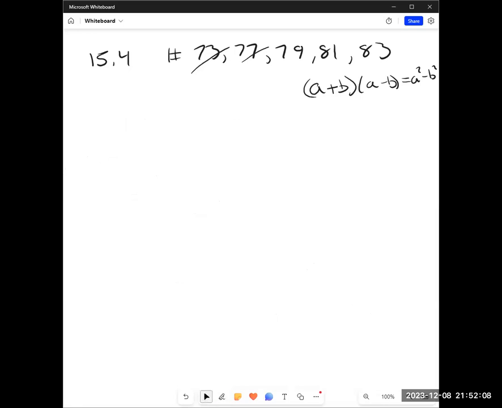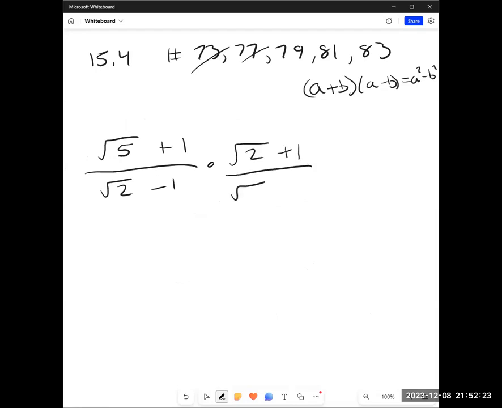All right. Now let's look at one like number 79, the square root of 5 plus 1 over the square root of 2 minus 1. So we're going to rationalize that denominator. Multiply by square root of 2 plus 1 over square root of 2 plus 1. So my denominator is going to be 2 minus 1. So nice that they're giving me denominators that come out to be 1 all the time here.